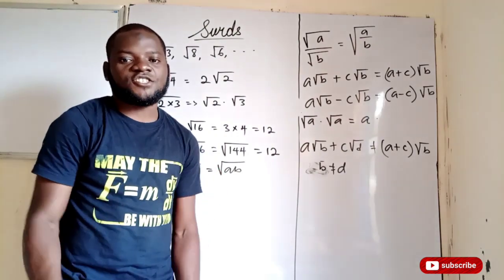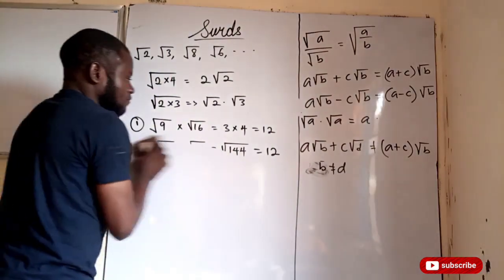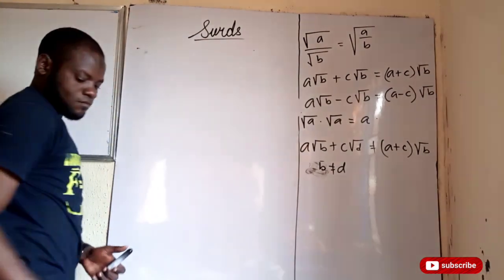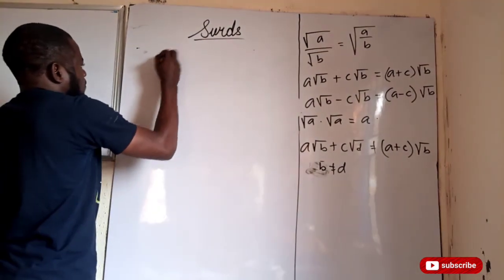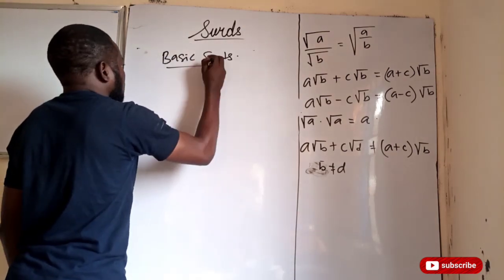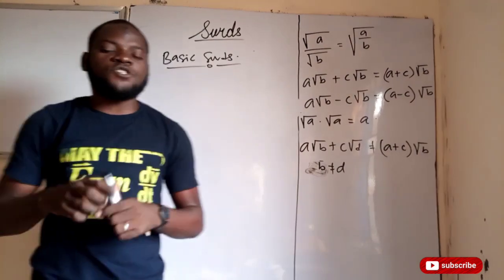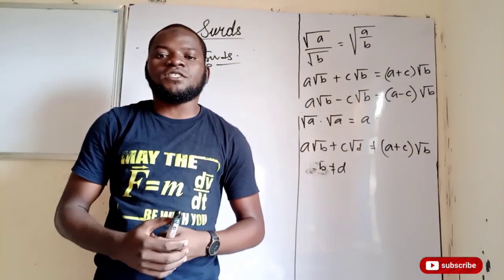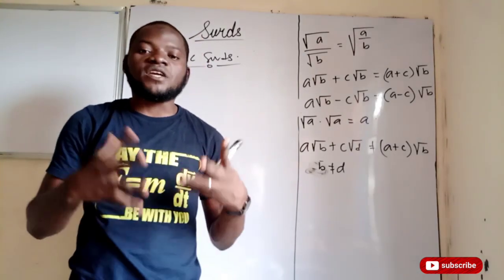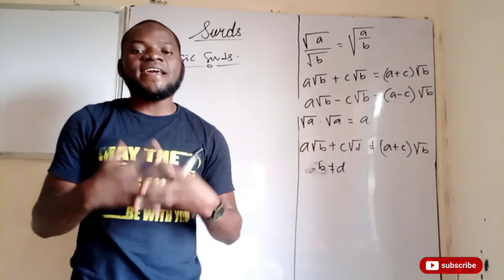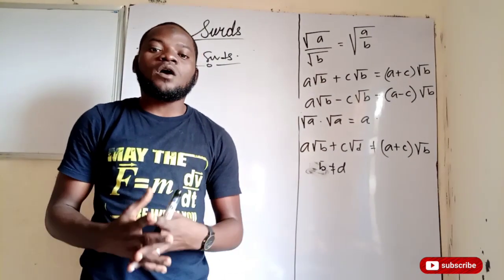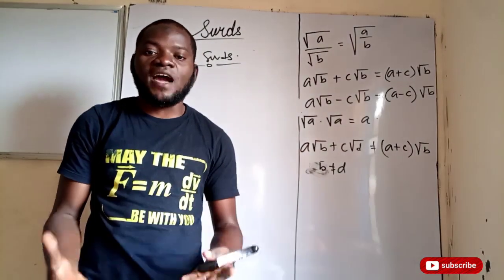If that should be the case, let us consider what we call basic surds. What are basic surds? So I'm not going to be using difficult terminology or vocabulary in this class so that we can understand. A basic surd is a surd whereby you can no longer simplify it.